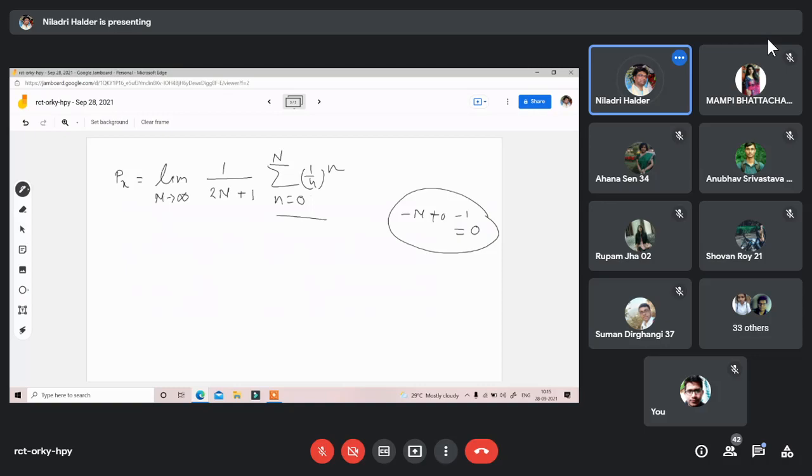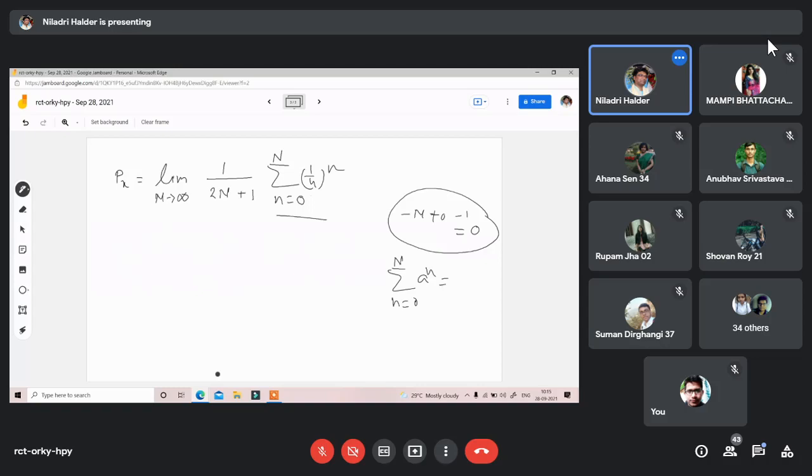So what will that value be? For this case, there is a formula for n equal to 0 to a finite range: summation of a to the power n equals 1 minus a to the power n plus 1 by 1 minus a.